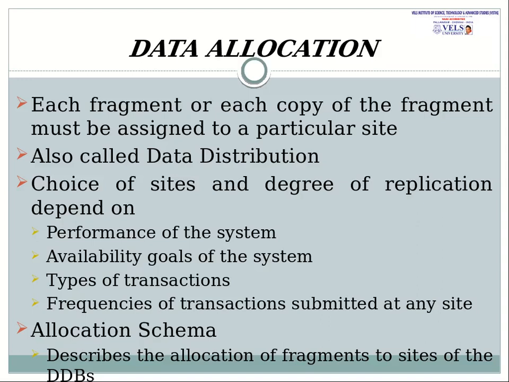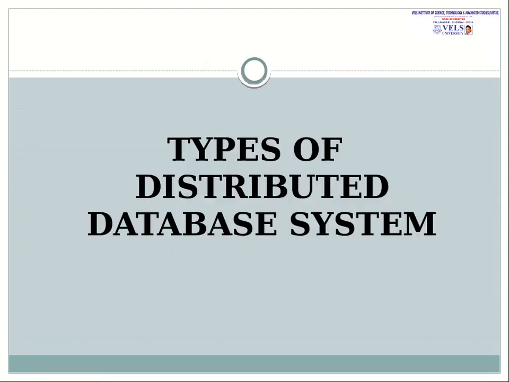For example, if a transaction is used frequently at a particular site, that data will be allocated to that site. The allocation schema describes the allocation of fragments to sites of the distributed database.